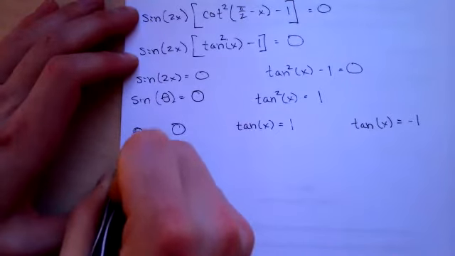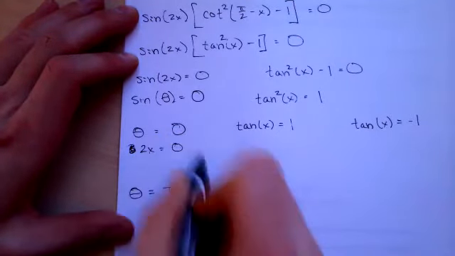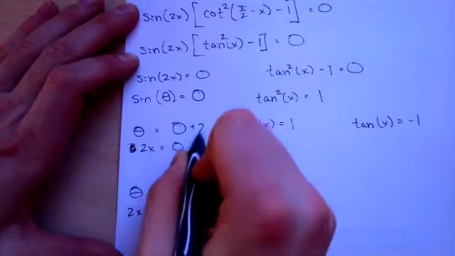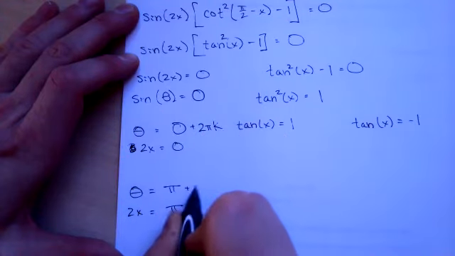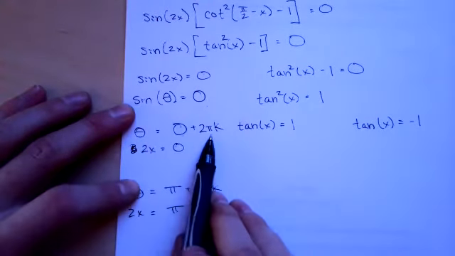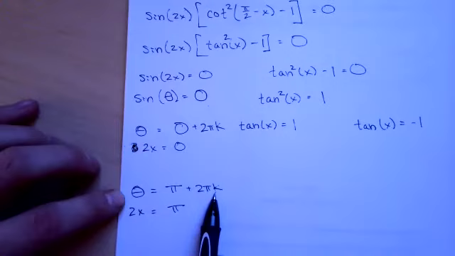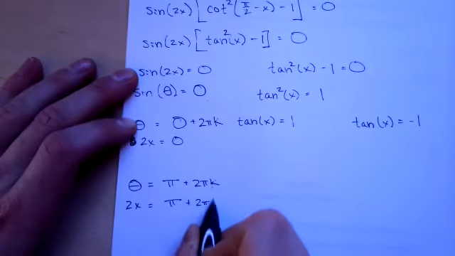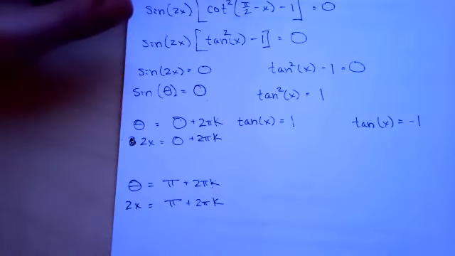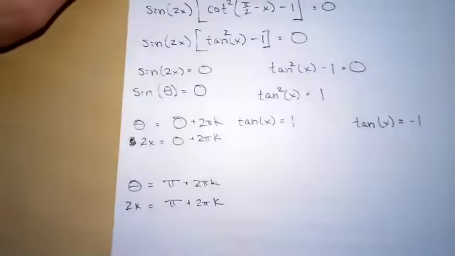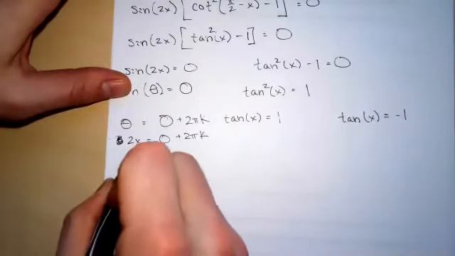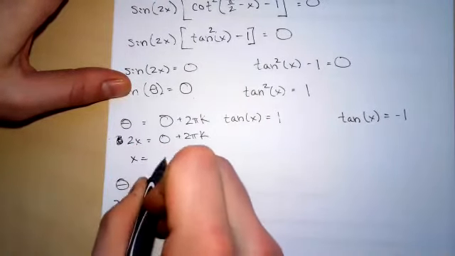We have 2x equals 0, and 2x equals pi. And I forgot, let's go ahead and add in the periodicity. So 2 pi k for each of those solutions. And since we were considering it just sine of theta, we have plus 2 pi k with each of the thetas. And now when I solve for x, 0 divided by 2 is 0.